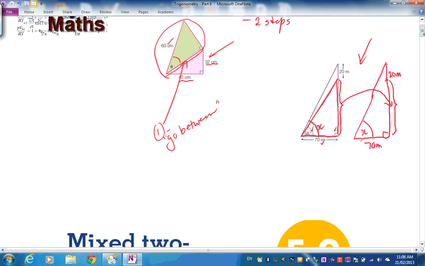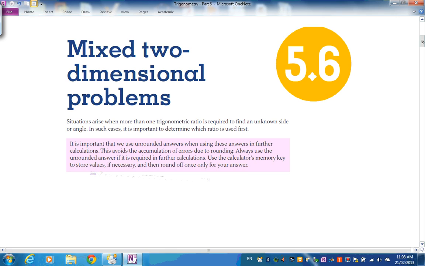Okay, let's go down and have a look at what Pearson say here. Situations arise where one trig ratio is required to find an unknown side or angle, and then we go on and use it. Here's an important point. If you're using calculations over and over again, don't keep rounding, because of the accumulation of errors due to rounding.